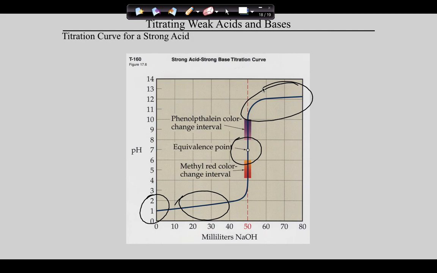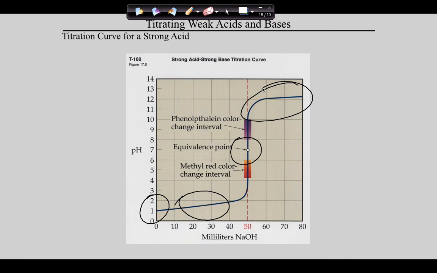Is that okay? Okay. Then before equivalence, the pH is determined by the concentration of the unreacted ion. We find that by subtracting, and don't forget to keep track of volume changes. That's the homework you just graded, right? Do you see how I summarize that? Does it make sense how I said it? Okay. Then what's the pH at equivalence? It's 7, right?